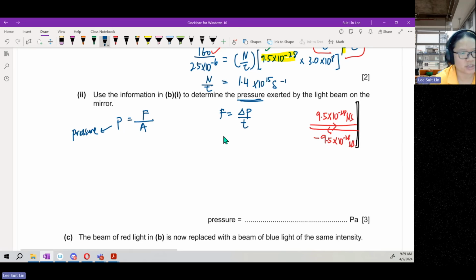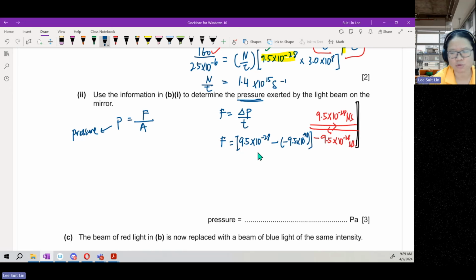So to find the change in momentum, I will take 2 times 9.5, or if you want to show everything, 9.5 times 10 to the power negative 28 minus negative 9.5 times 10 to the power negative 28. Times 2 also can. Divided by t.